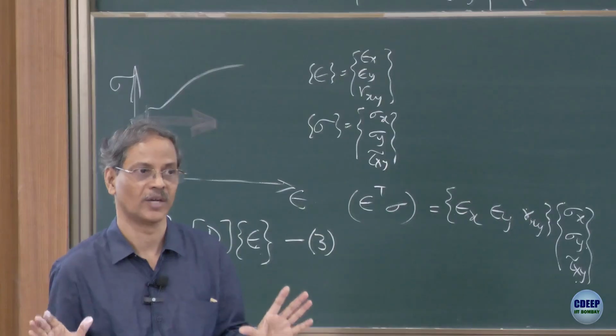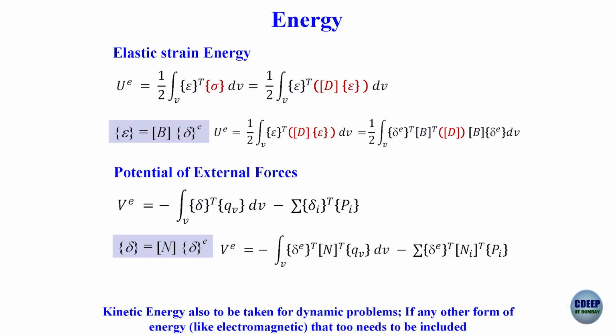Clear? Okay. Now I am going to expand that for an element. So sigma is D epsilon, and epsilon is B into delta. B contains derivatives of shape functions, right? So ignore the bottom half, I will come to it later; look at the top part.